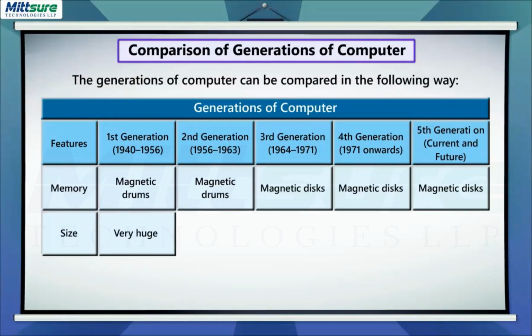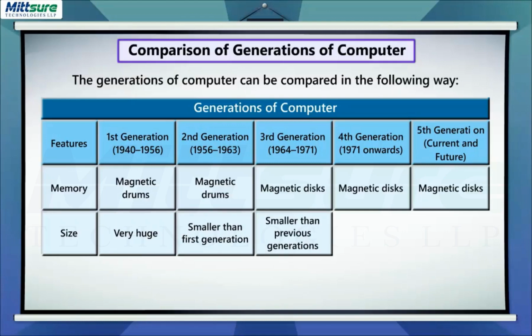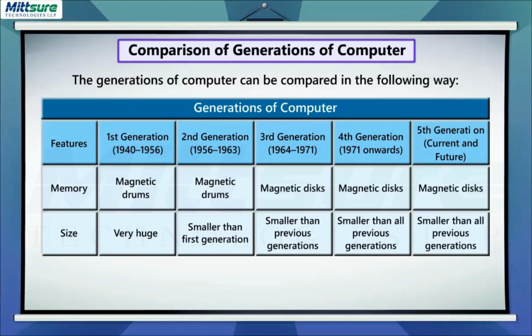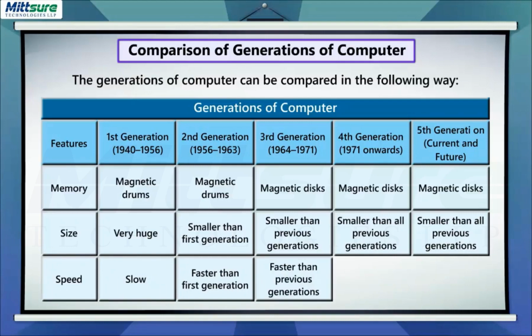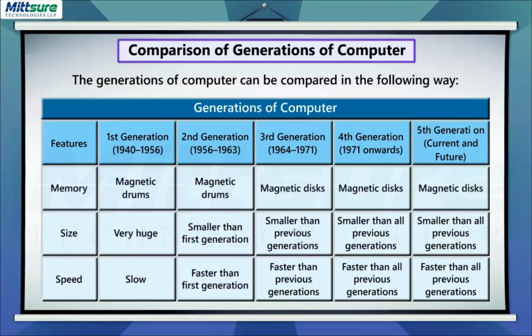Size: very huge, smaller than first generation, smaller than previous generations, smaller than all previous generations. Speed: slow, faster than first generation, faster than previous generations, faster than all previous generations.